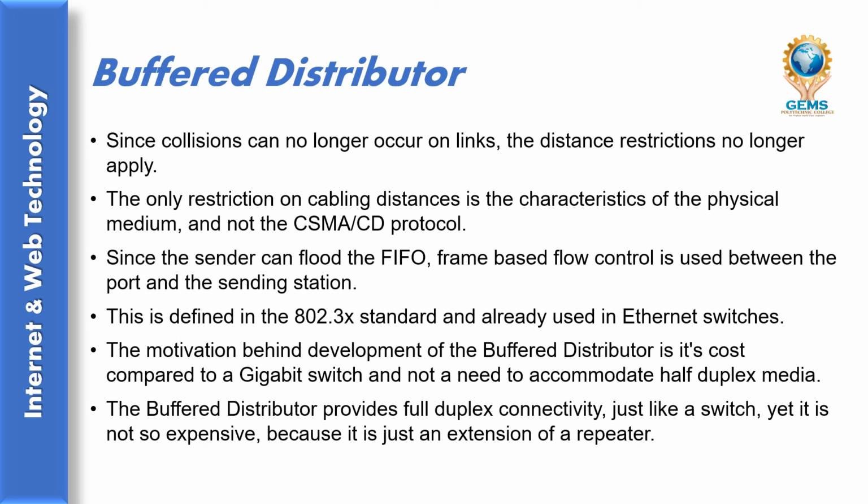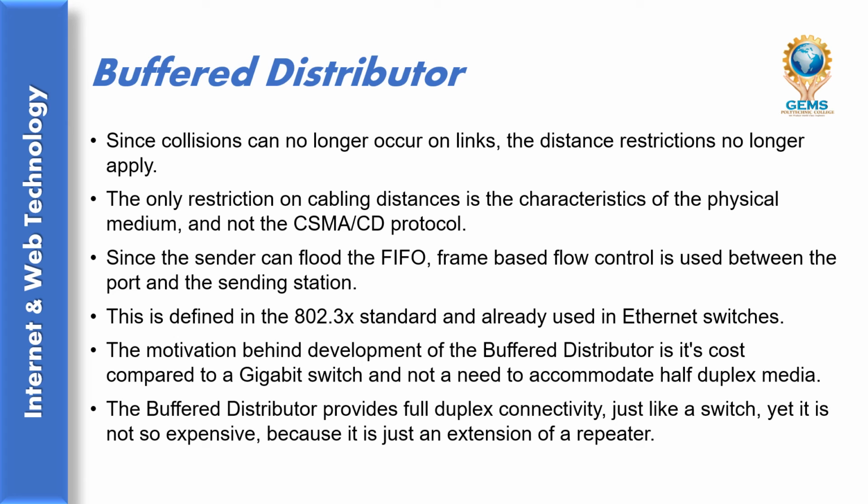So the only restriction on cabling distances is the characteristics of the physical medium and not the CSMA/CD protocol. Since the sender can flood the FIFO, frame-based flow control is used between the port and the sending station. This is defined in the 802.3x standard and already used in Ethernet switches.